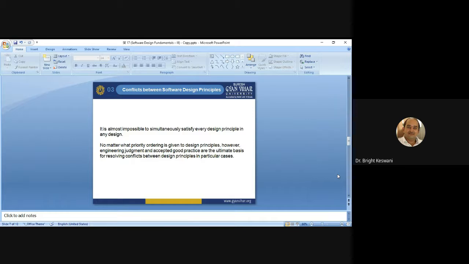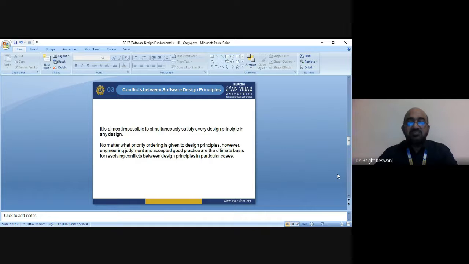So if you have many projects and all the design principles are already known to you, then take one, two, or three design principles and apply them to your software design. Okay, and definitely you will get appropriate results from them.